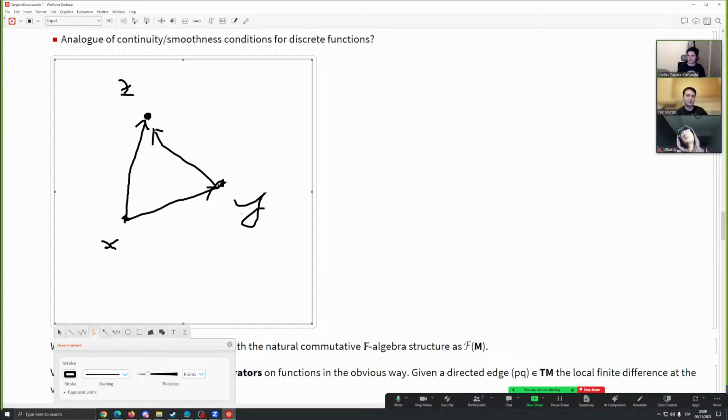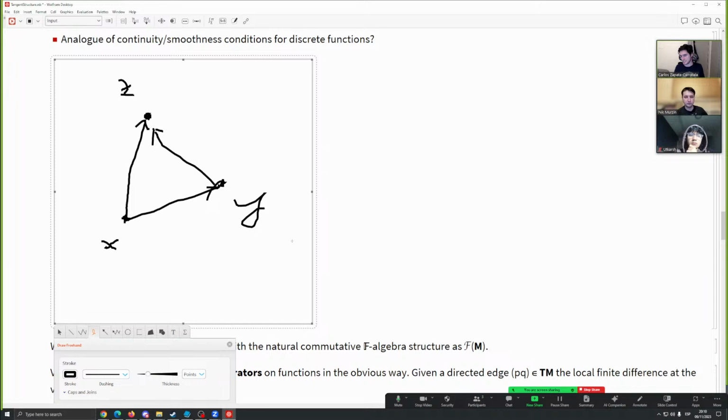So if you just consider the finite difference, the only data you have is the actual numbers on the vertices. This is trivially true, right? Because you're just saying z minus x is the same as y minus x plus z minus y. It's a very trivial statement. So again, no information on how to put numbers on the vertices.